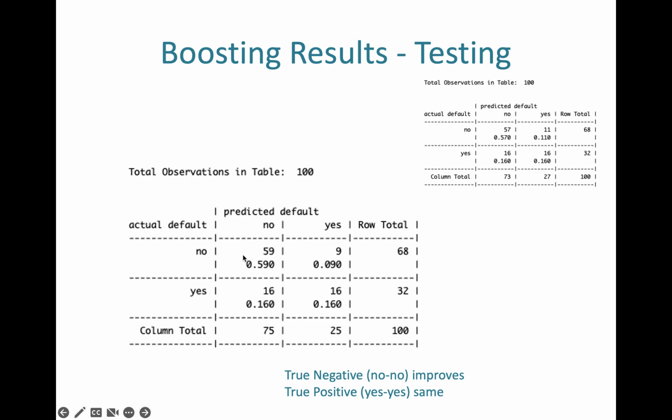But we observe an improvement in the detection of the true negatives. So when we say that someone will not default and they don't default, we see an increase from 57% to 59% of the cases. So 2 more cases are being correctly identified as individuals not defaulting. Okay, so in this case, what we observe is that using boosting allowed us to improve a little bit the performance of a single decision tree.